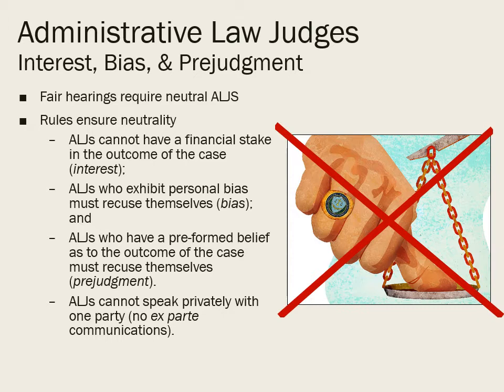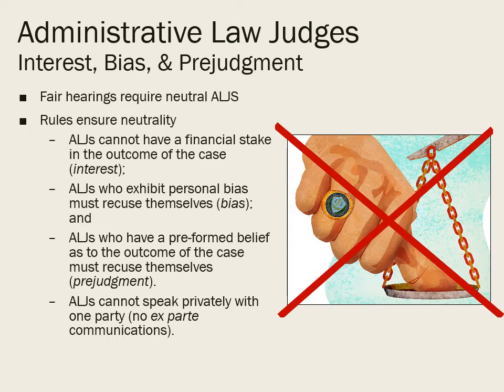They can't have a personal bias for or against one of the parties involved or the law or regulations, and they can't have prejudged the case. So typically, we rely on ALJs to recuse themselves if they've got any type of bias or if they think that they may have prejudged the case. And we also expect this from an Article 3 judge.